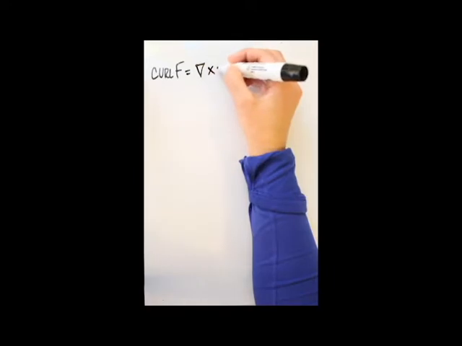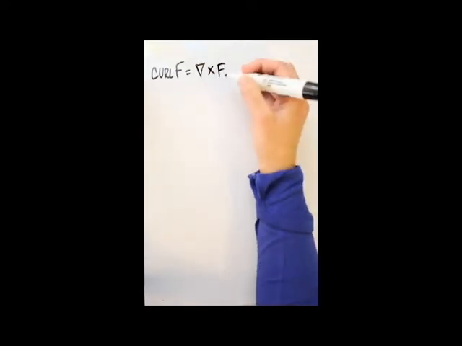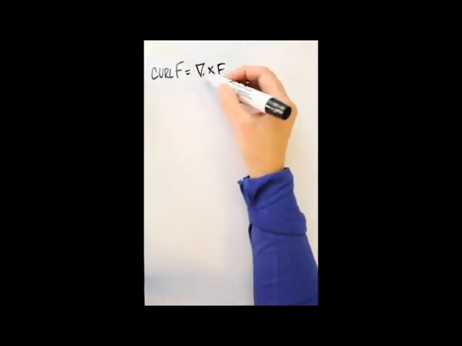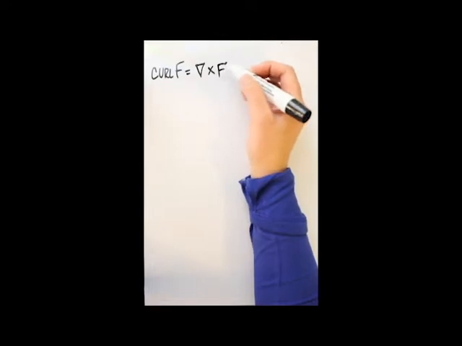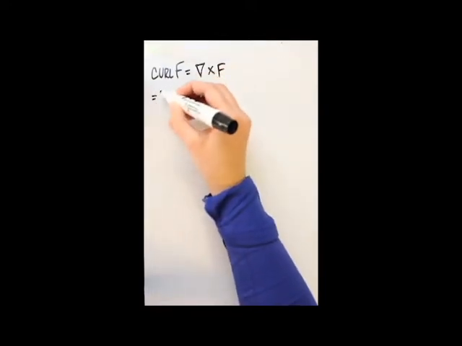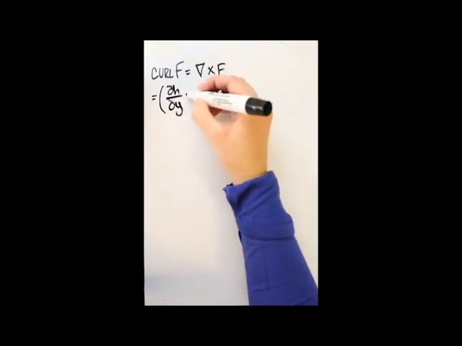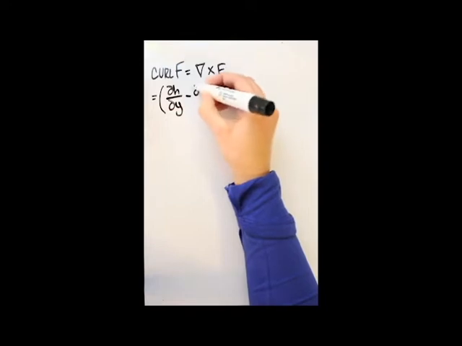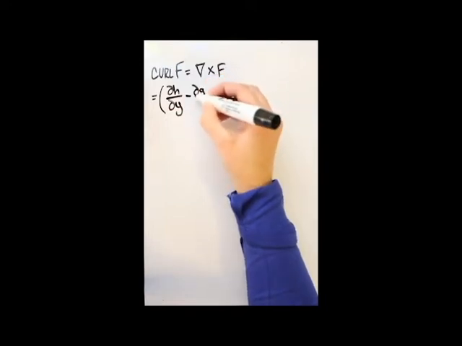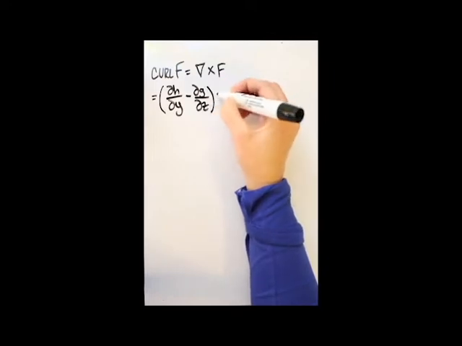Remember, the divergence was the dot product. Curl is now the cross product of our del operator with f. And this is going to equal the partial derivative of h with respect to y, minus the partial derivative of g with respect to z. This is our i component.